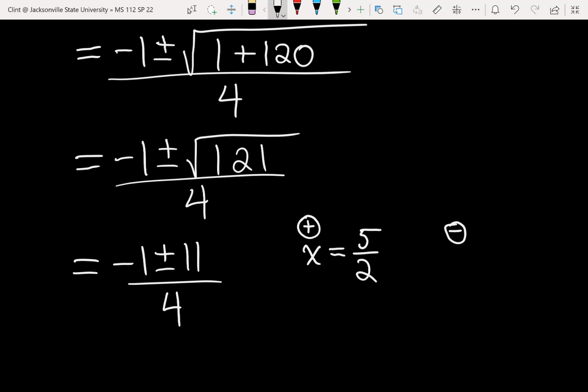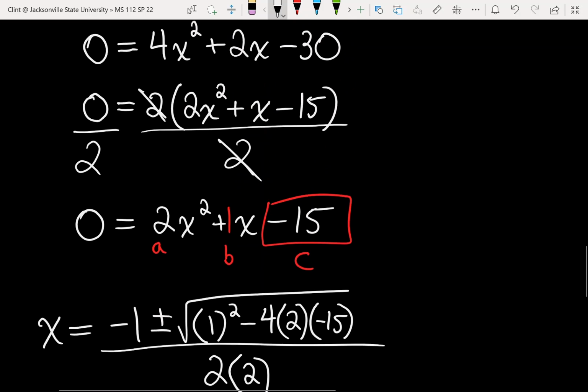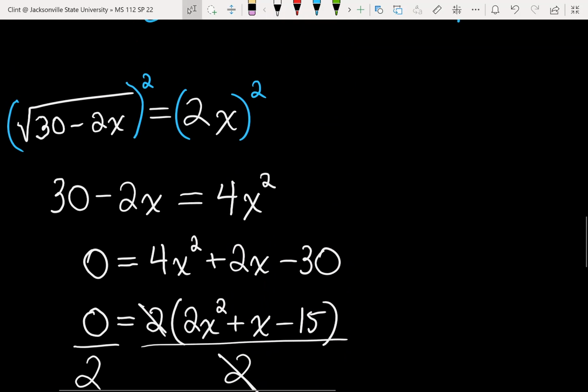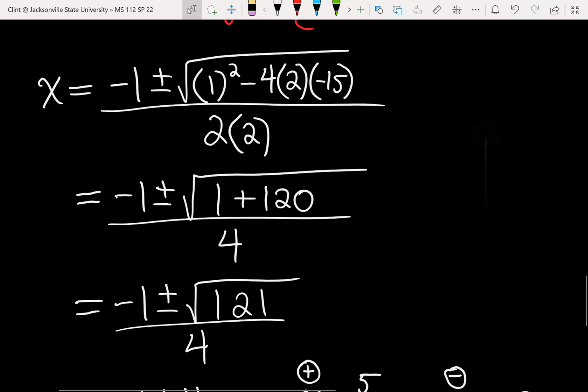Do the minus sign. Negative 1 minus 11 is negative 12 over 4, so that's negative 3. I need to check them because it's possible that one or possibly both of these don't work. I'm gonna copy back down our original down here where we can see it.